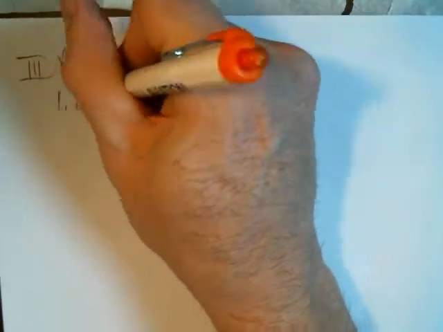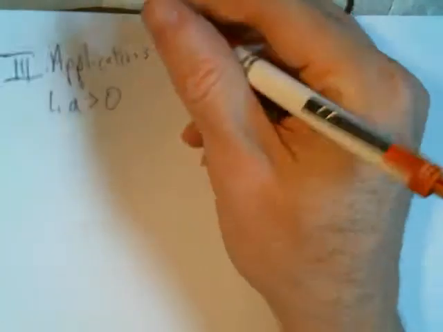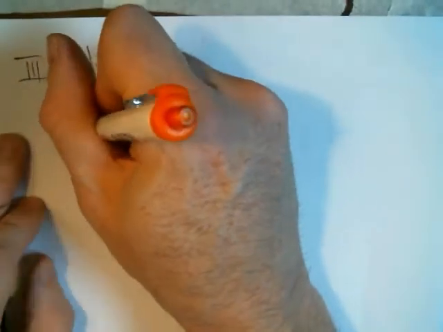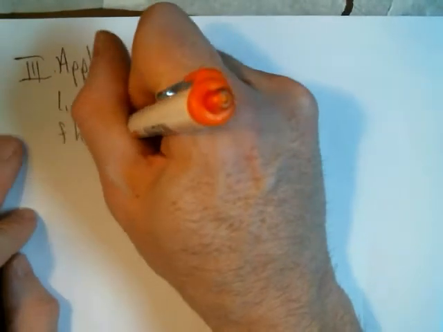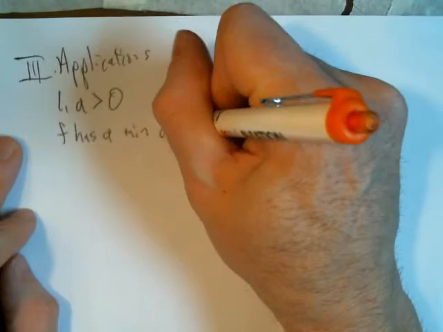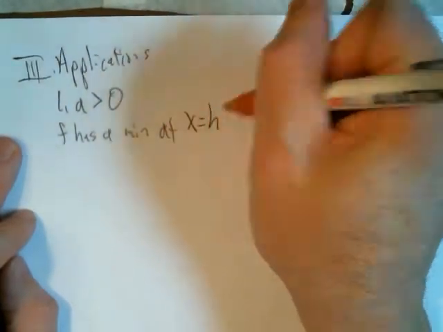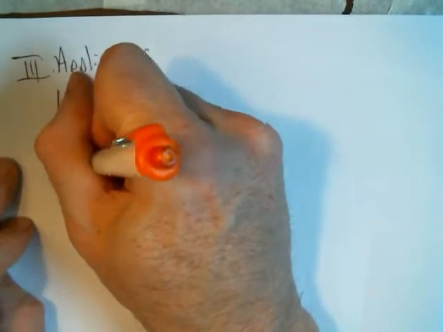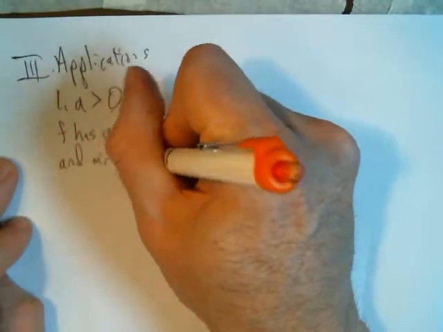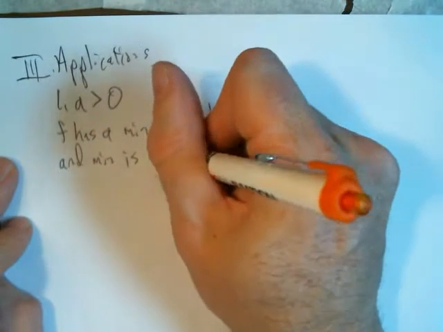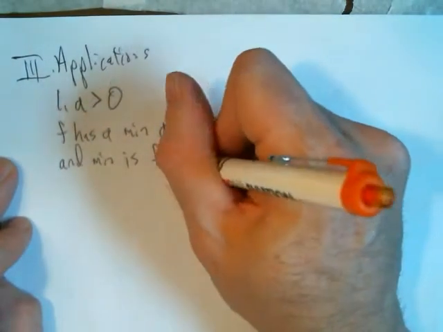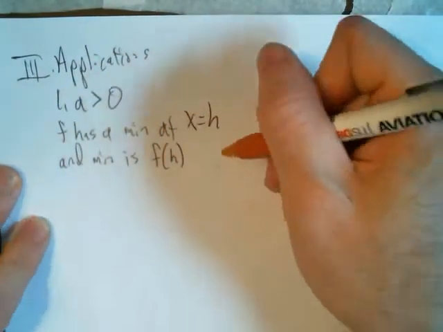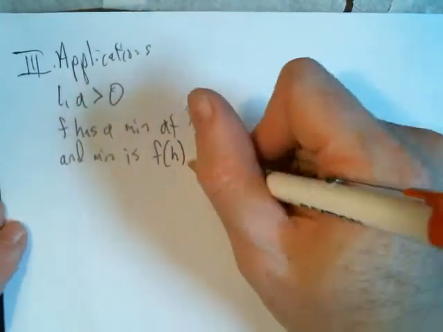So first off, if a is greater than 0, then f will have a min at x equals h, the x coordinate of the vertex, and the min is f of h. Okay.